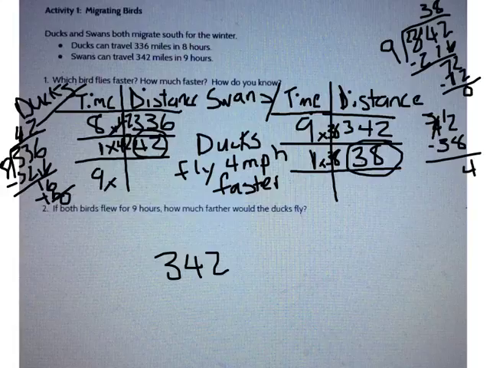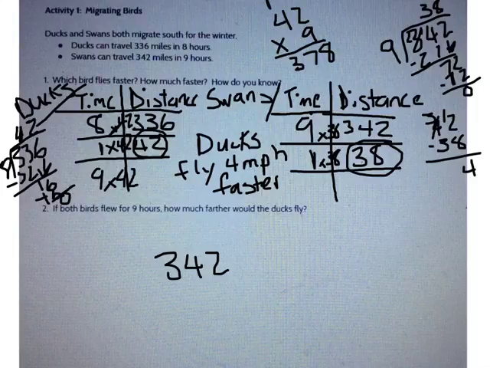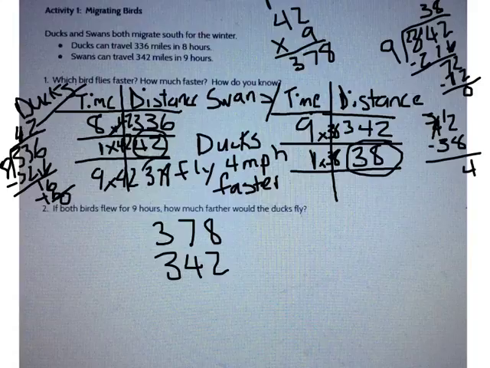I can multiply 9 times my unit rate of 42. I can multiply across the table by my unit rate. What's 9 times 42? 9 times 42 is 378. So, ducks can fly 378 miles in 9 hours.